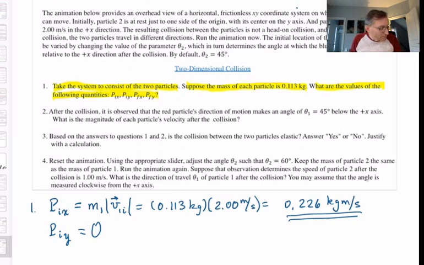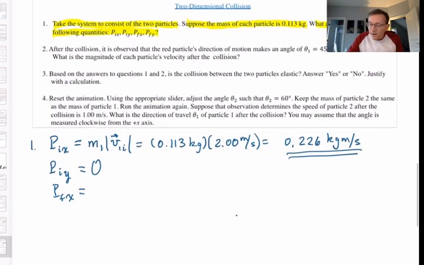Next, what is capital P final x? Here, I just invoke conservation of linear momentum. So P final x must equal P initial x. That's what conservation of linear momentum means.